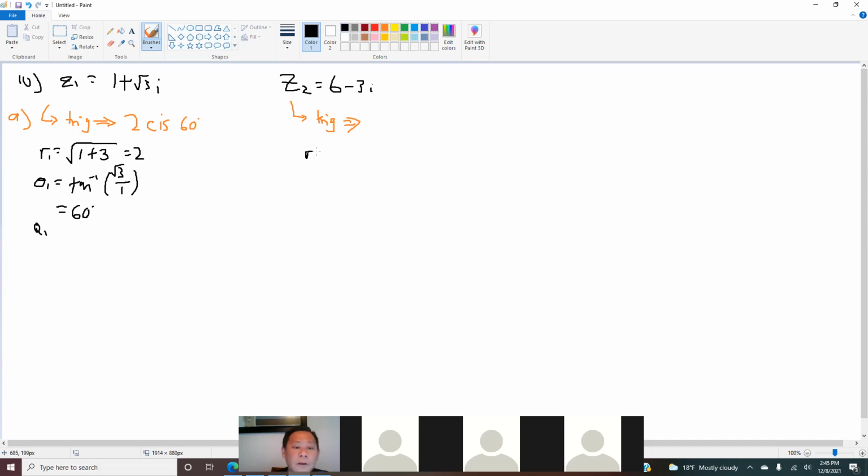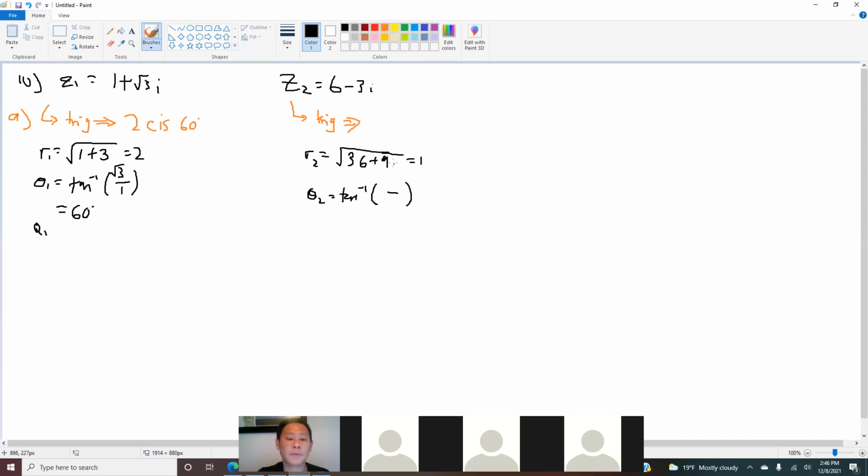Now repeat this one for the Z2. So you're going to find R2 and theta 2 here. So R2 is what? 36 plus 9, right?